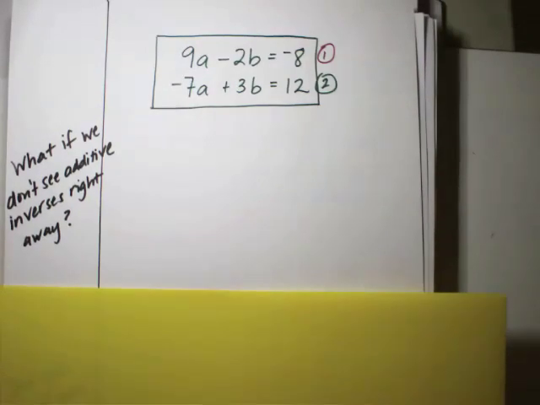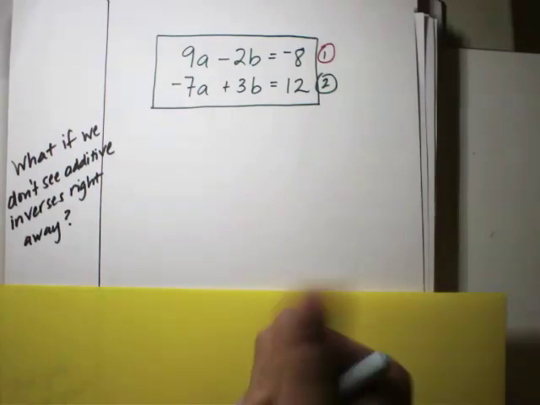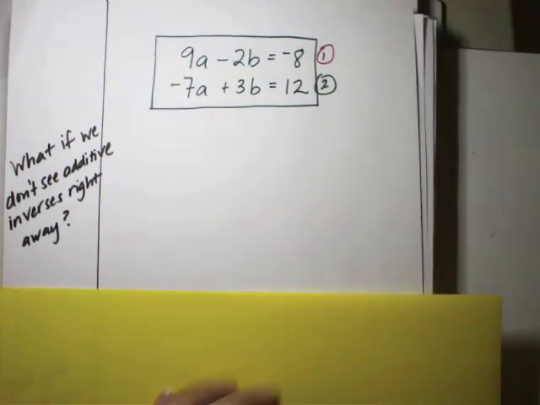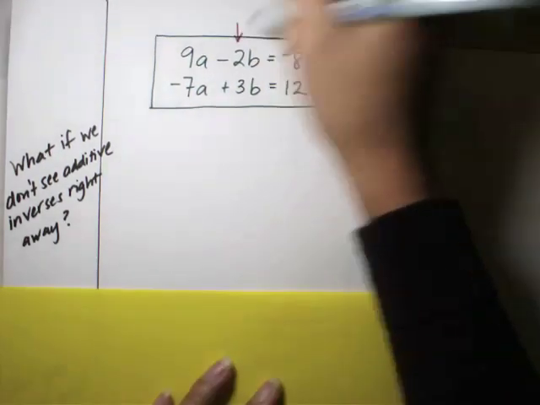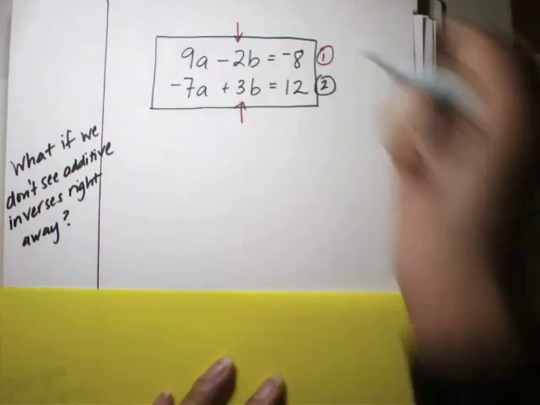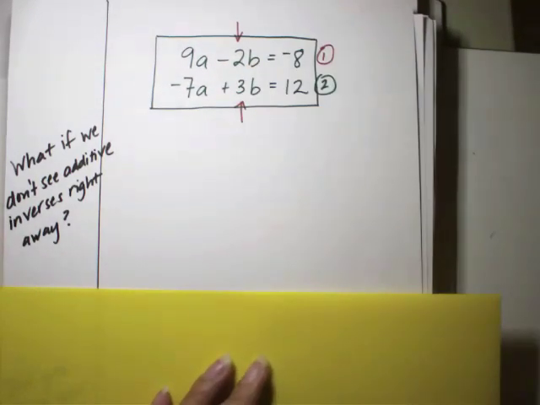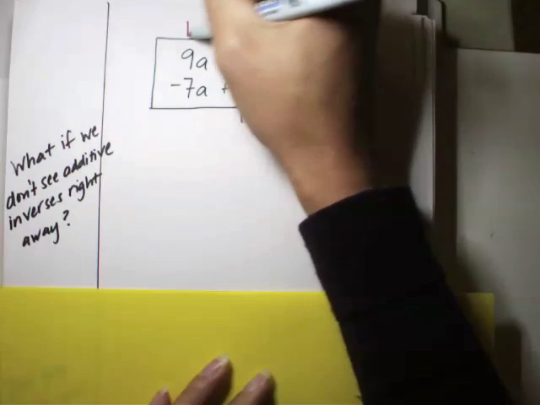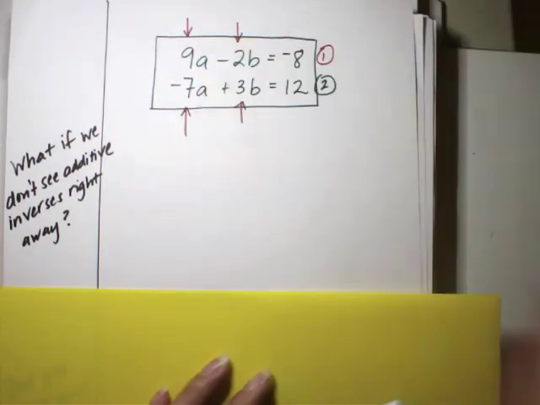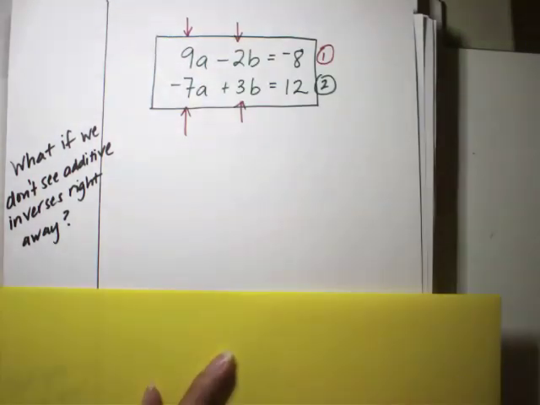In this problem, you're going to need to multiply both equations. So you're going to take a look at the coefficients once again and determine whether it would be easier to multiply the negative 2 and the 3 to create additive inverses, or would it be easier to multiply the 9 and the negative 7 to make additive inverses?